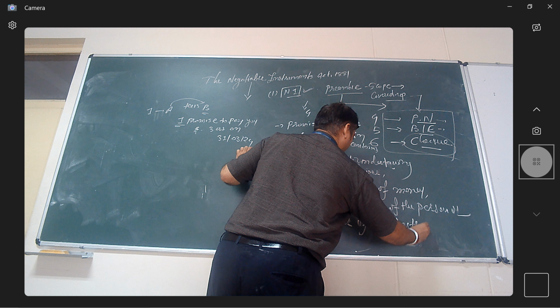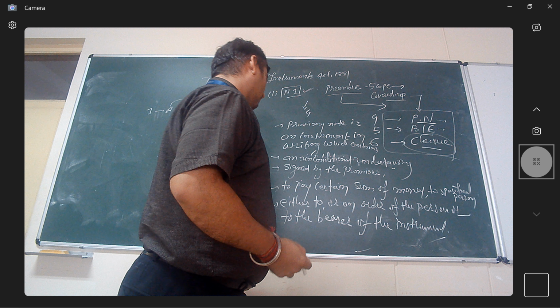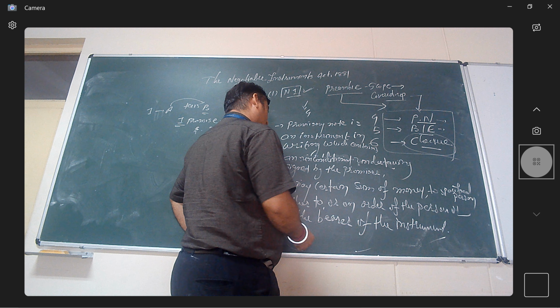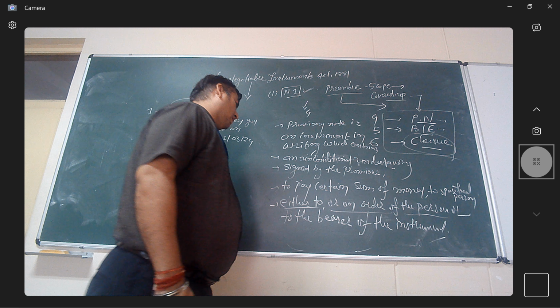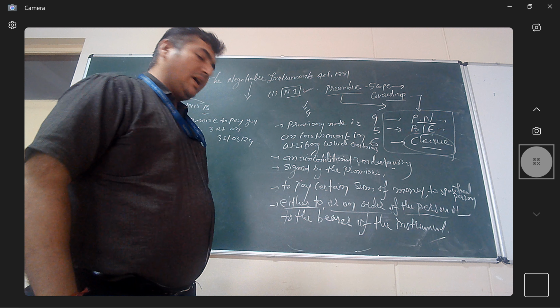You add that: to the specified person, or to or on the order of, or to the bearer of the instrument. Fine. Now let's dissect, guys, one by one all the points.